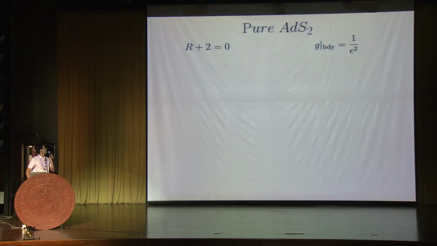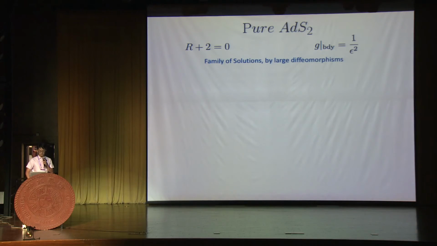So let's look at pure AdS2, where we have constant negative curvature, and in addition we have a boundary metric, where I set 1 over epsilon squared, epsilon being the AdS cutoff. Note that this equation admits a set of solutions generated by large gauge transformations.